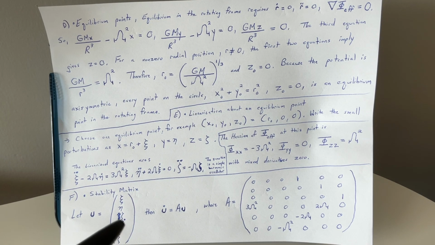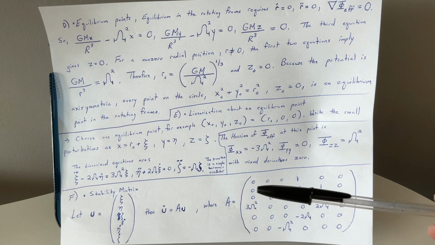So right there in that fourth spot, that's xi dot. Then U dot equals AU, where A equals the following matrix. Here's our A matrix, 6 by 6. So that's letter F.